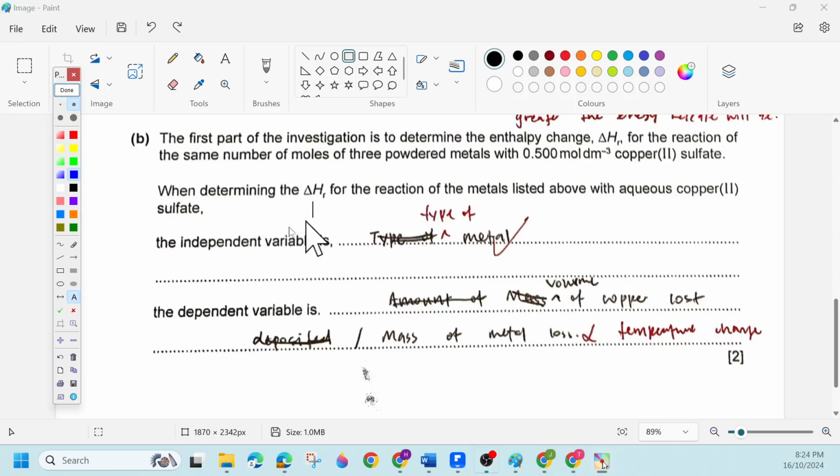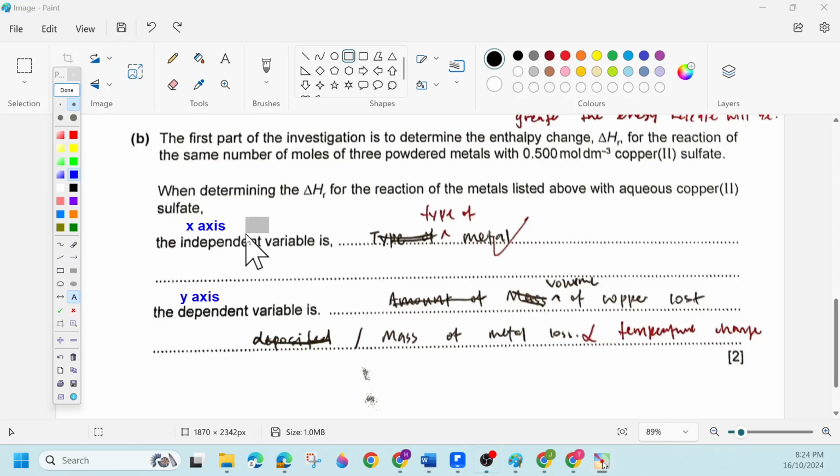When determining, they want you to put your independent and dependent variable. Please remember the independent variable is the x-axis, the one that you modify, the factor. The dependent variable is your y-axis. Now, because of the x-axis, they want to look at the E cell.